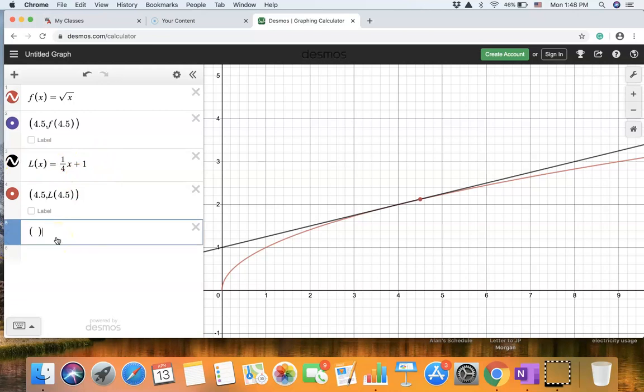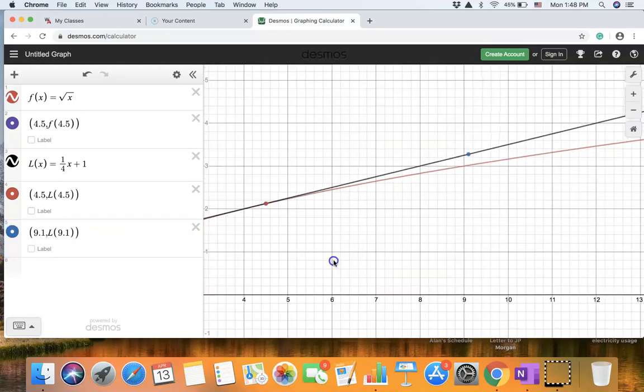Because if we use the same equation, this is the point when x equals 9.1, but the actual result is this. We can see that the difference is pretty big, right?